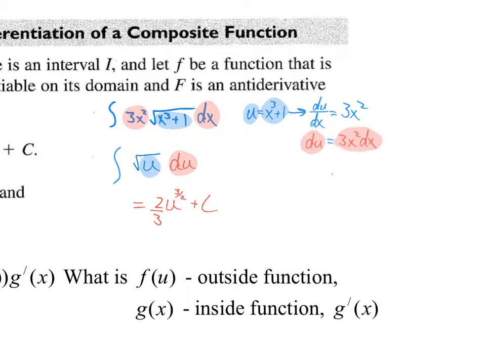Now, just like with the chain rule, we don't want our answer in terms of u's, we want it in terms of x's. So wherever I see the u, I replace that with the x cubed plus 1. Alright, so it's going to be 2/3 times x cubed plus 1 to the 3 halves plus c.